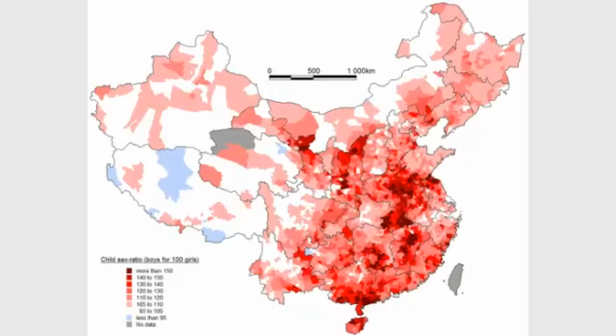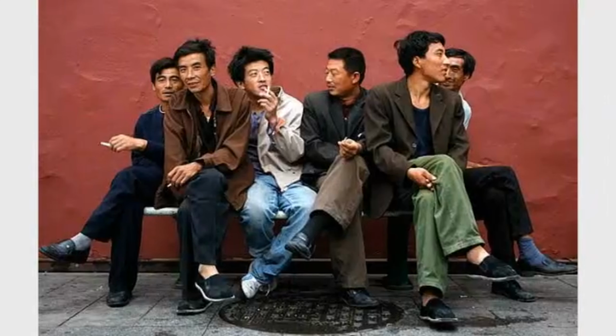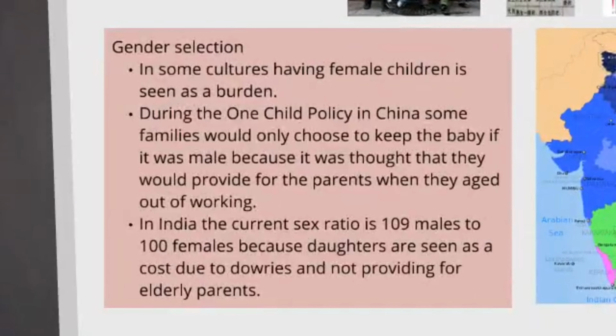And the darkest red are the hottest spots for that. Only a few of the areas on the map show an equal or more female to male sex ratio. And then that growing older population of China with the men who are aging out and unable to marry is a problem that they feel like they need to face.